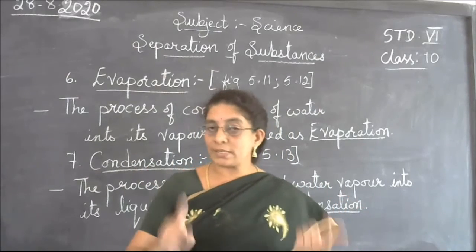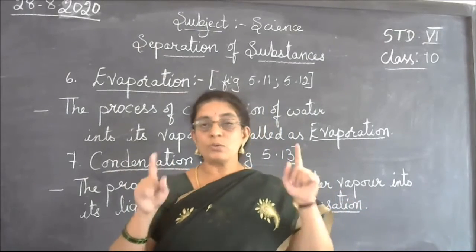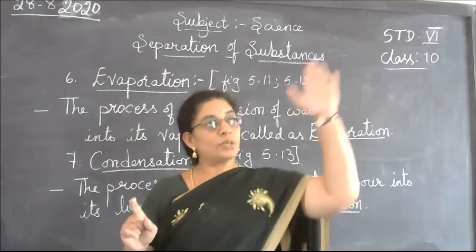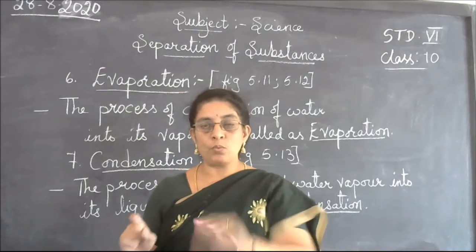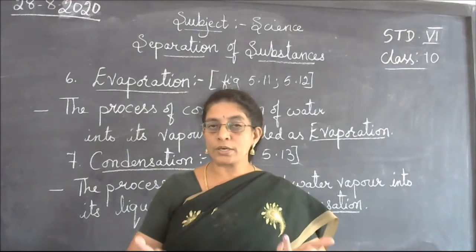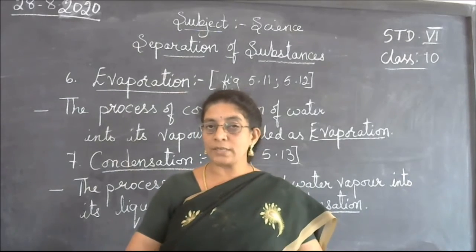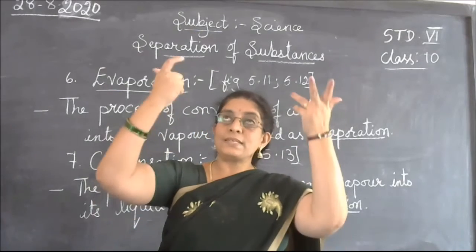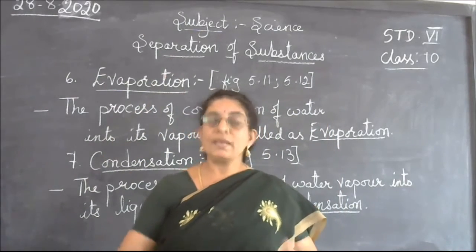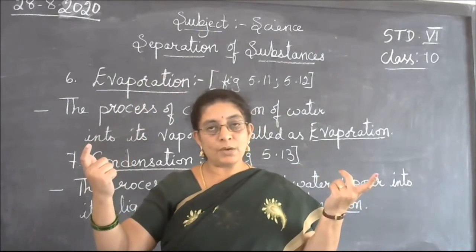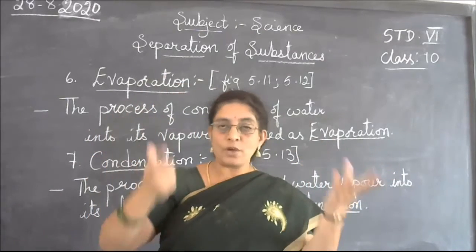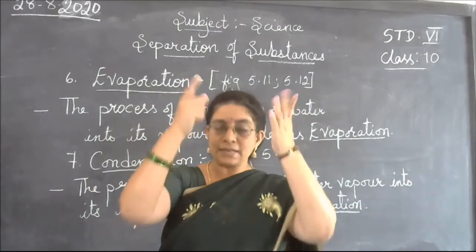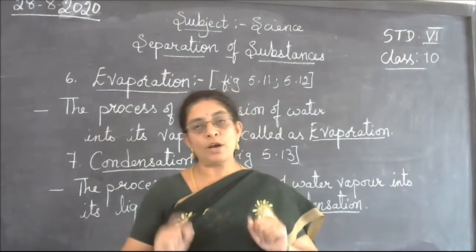In your smaller classes or in the forthcoming classes, you will also learn about the water cycle. So what is the water cycle? You know there are oceans, seas, all the water bodies. The sun's rays fall on the water and it becomes hot. When the water becomes hot, it starts to evaporate. As it evaporates, it rises into the atmosphere and forms the clouds, and as the water vapor forms, the clouds become heavier, and one day it bursts and comes back to the earth in the form of rain.